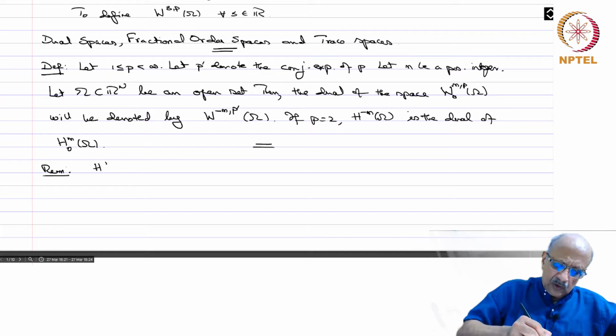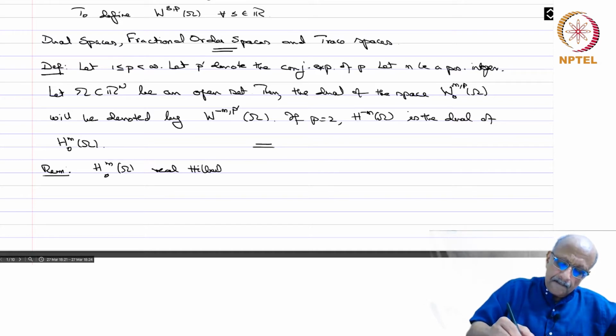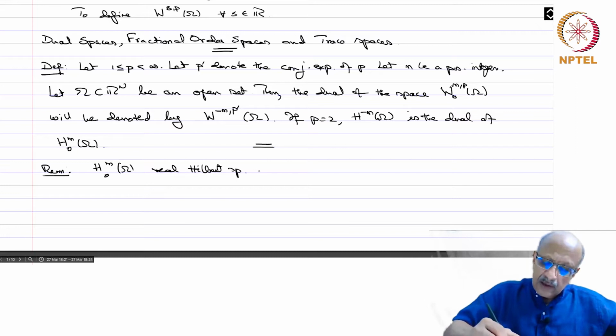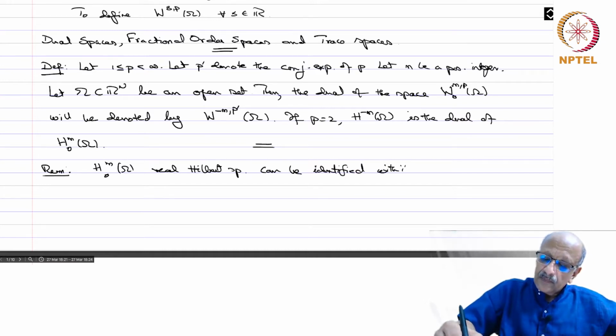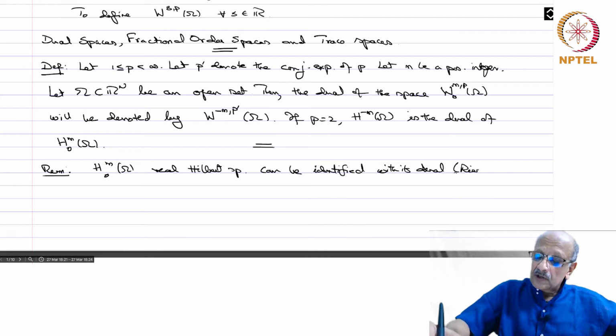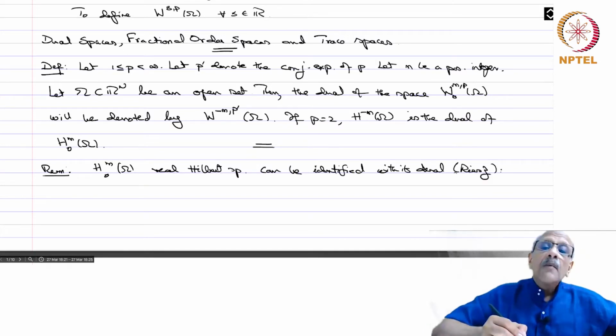Now HM0 of omega is a real Hilbert space. So in principle, by the Riesz representation theorem, it can be identified with its own dual. This is the Riesz representation theorem. Okay, but we do not do so.